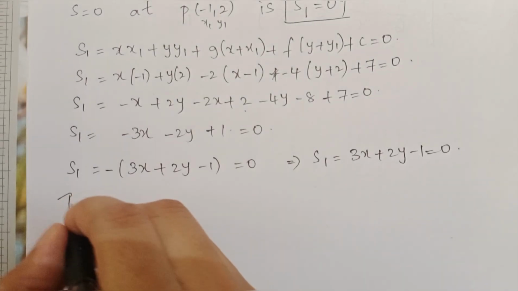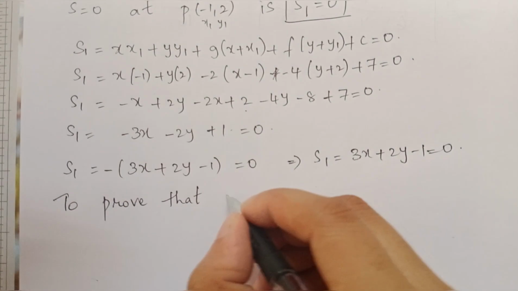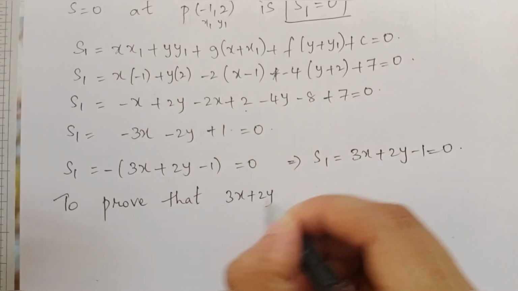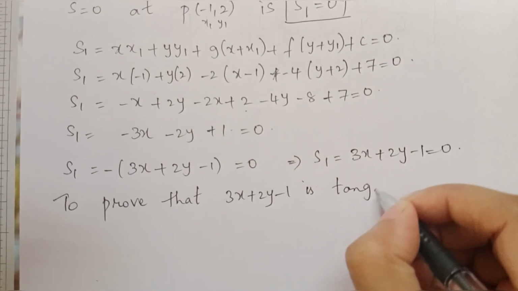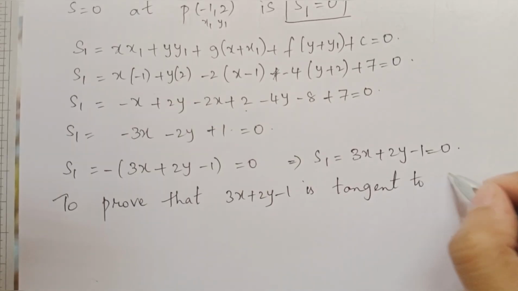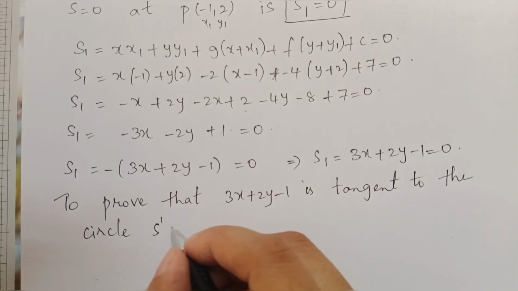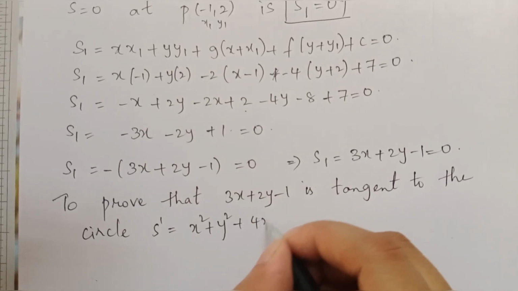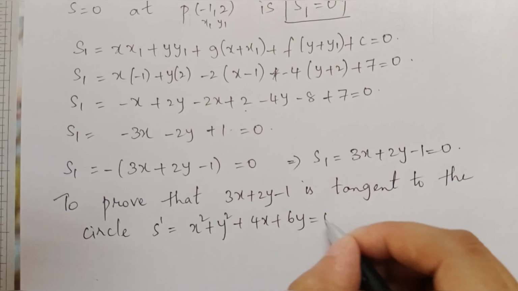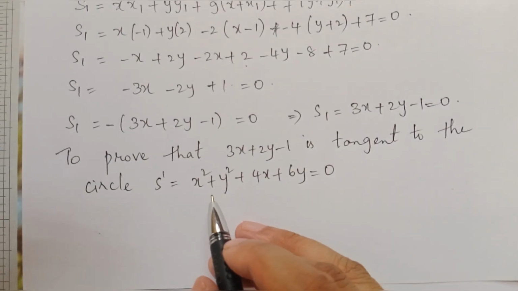So we have to prove that 3x + 2y - 1 = 0 is tangent to the second circle, which is S'. Circle S' is x² + y² + 4x + 6y = 0. If it is a tangent to the circle, it will be perpendicular, right?